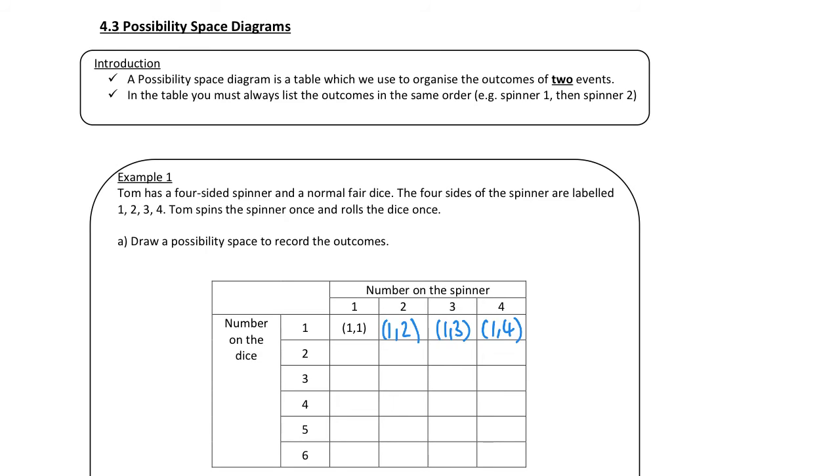But we could have rolled a 2 on the dice to begin with, and then we would have the corresponding 1 on a spinner, or we could have had a 2 and a 2, a 2 and a 3, or a 2 and a 4. Or rather than rolling a 1 or a 2, we could have rolled a 3. So we've got a 3 and a 1, a 3 and a 2, a 3 and a 3, or a 3 and a 4.